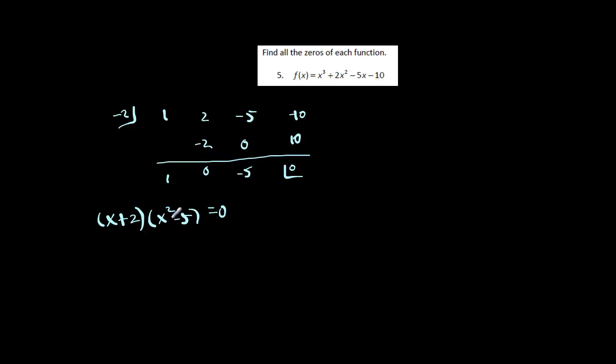Because this doesn't have an x term, I can just take that and set it equal to 0. And we have all our roots. So we have negative 2 as a root, and we also have positive negative root 5. Those are your 3 roots.